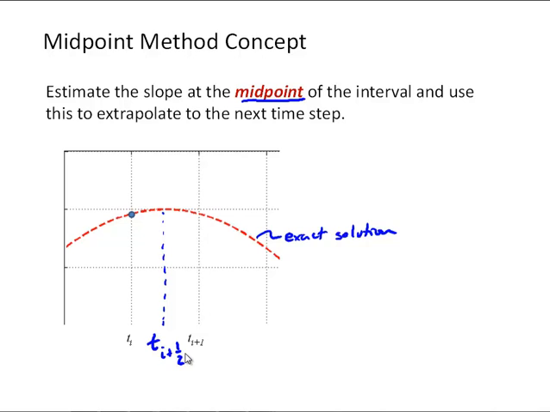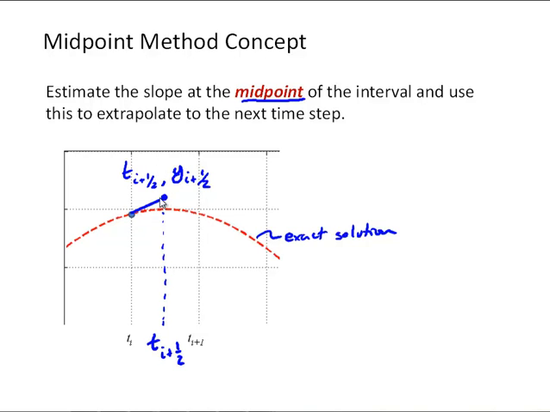And what we'll do is take our value at ti and first get a value here that we'll call yi plus 1/2, and that's at ti plus 1/2. So this is at the midpoint of the interval.